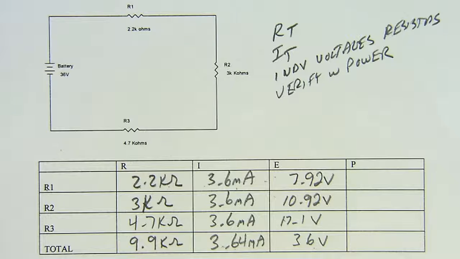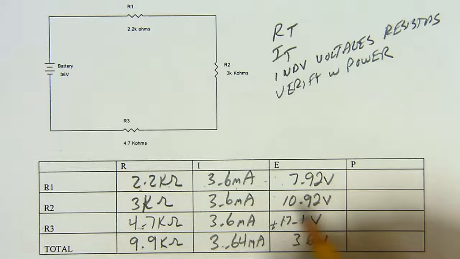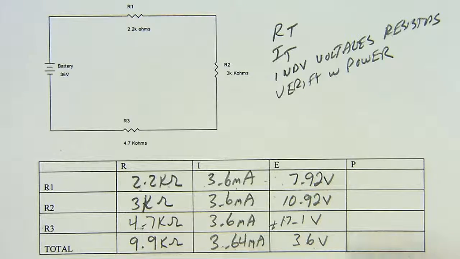So before I even add them up to verify, since R3 is my largest resistor, it should have the largest voltage value, and it does. That goes to those proportions we were talking about before. R1's the smallest resistor, and it has the smallest voltage. So at first glance, our voltages look pretty good. If we add up 17, 27, 34, and then the rest comes out to 36 volts, we can be confident with those voltages.